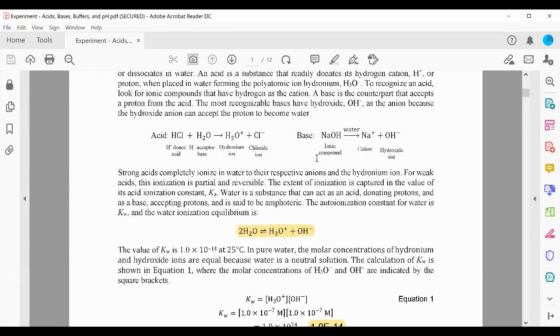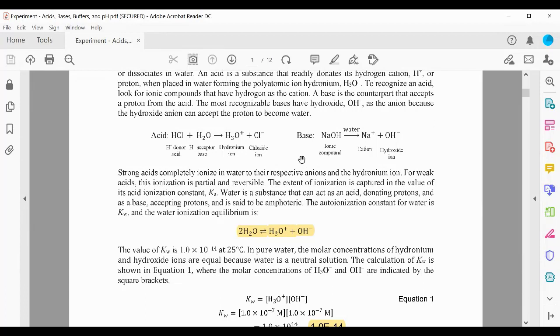He defines a base as a substance that produces hydroxide ions in aqueous solution. And he also said that an acid is a substance that produces hydronium ions.